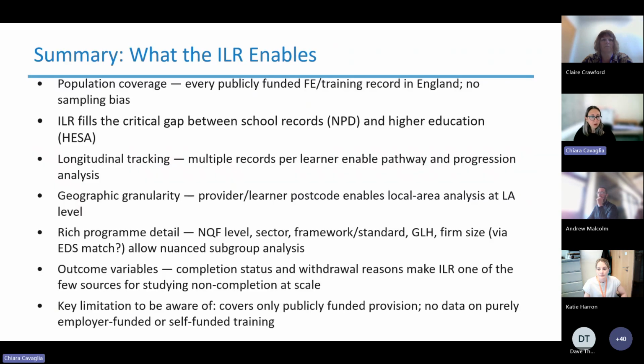So here, just to summarize, and maybe I don't even need to go over this because much of this information has already been covered by Dave. Just a key limitation that may be worth mentioning: it only covers publicly funded provision. So, for example, self-funded training or employer-funded training are not in the ILR.